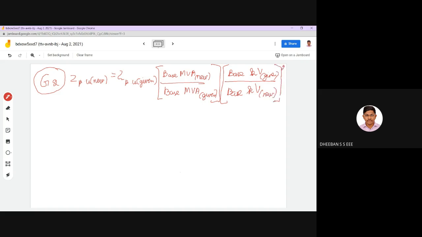Upon applying, for G2 the Z per unit is the same, 0.15 into 15 by 15, into the voltage rating 13.2 by 13.8, the whole square.